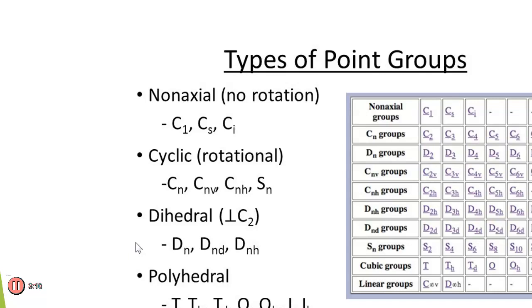Then we have Dnh groups, which can be D2h, D3h, D4h, etc. Dnd groups: D2d, D3d, D4d, etc. And Sn groups: S2, S4, S6, S8. Only even numbers are present. Cubic groups: T, Th, Td, O, Oh, I, Ih. And linear groups: C infinity v and D infinity h. So these are the common point groups present.